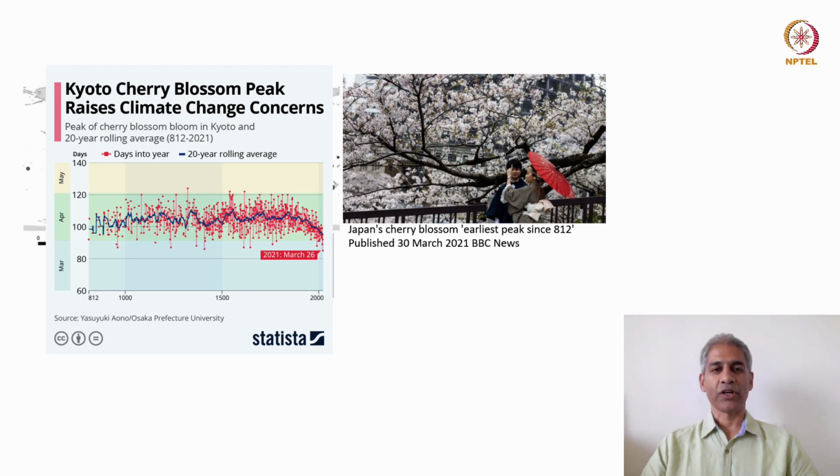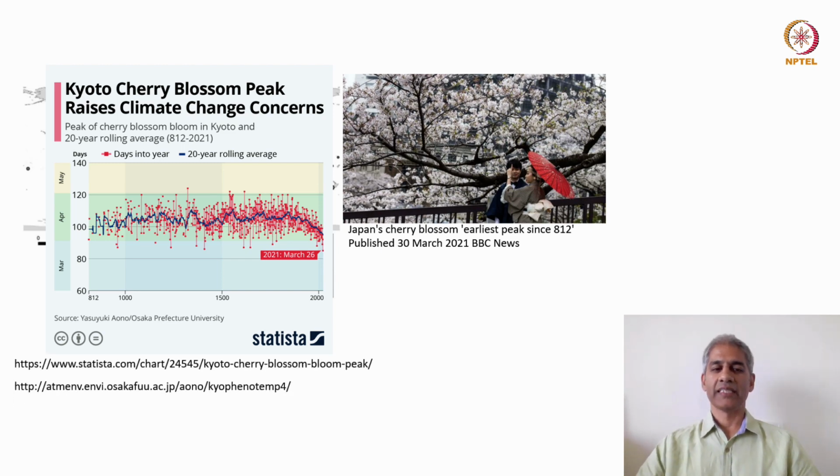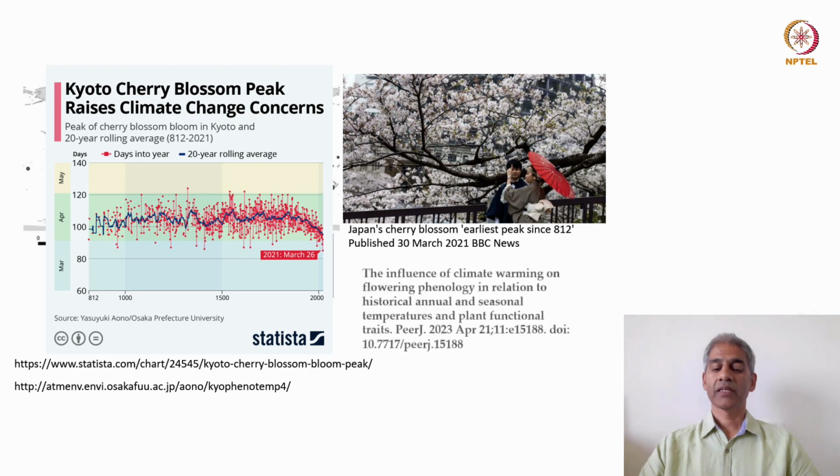And this has been documented in their books since 1812, and in a study done by a researcher in Japan where he tracked all the records which had been mentioned. For 2021, it was the earliest cherry blossom peak since 1200 years ago, making the point that plants are advancing either flowering or fruiting times.